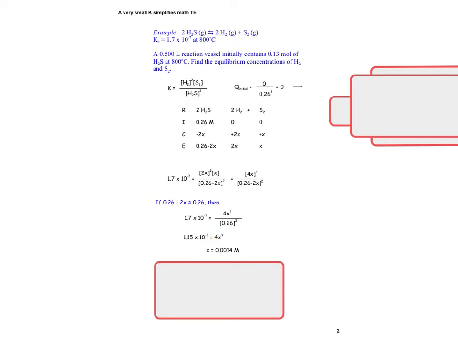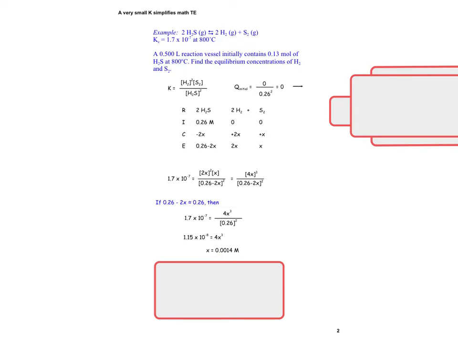Let me say that again. 0.26 minus 2x, to the two significant figures of my problem, is still going to be 0.26. So now my problem is, I multiplied these two together: 1.15 times 10 to the negative 8th is 4x cubed. Solve for x.